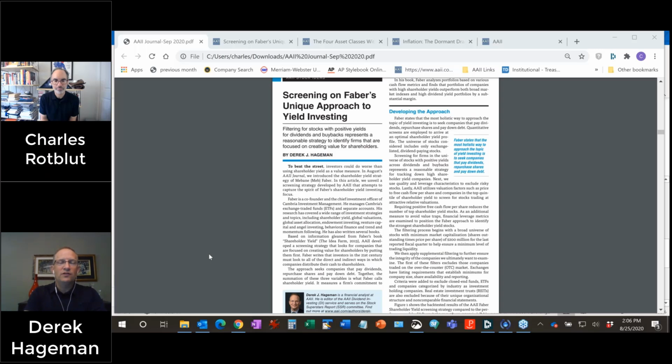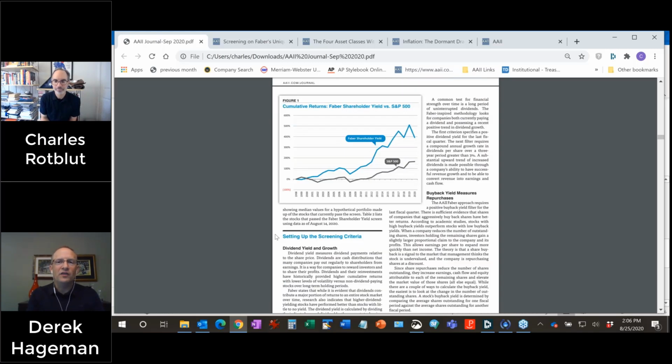So as we scroll down to the next page, Charles, we do show a table, a figure 1 with cumulative returns. And what we do with all these screens, and in this case, John Bykowski, our president, he conducted a back testing. He did annual back testing on the criteria that we laid out for this screen.